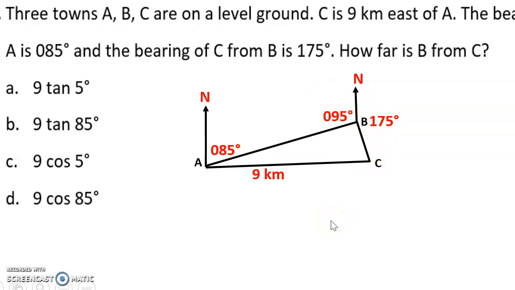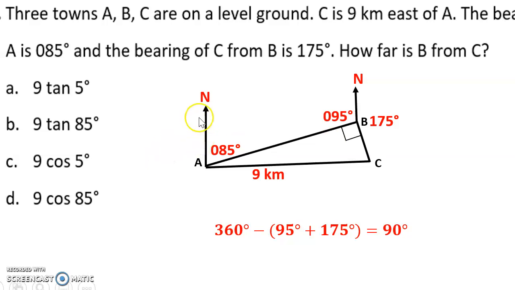So we add 95 and 175, subtract it from 360, and that gives us 90 degrees. So the angle right here is 90 degrees. Alright, good. So we take our time and put in all the values that we know.